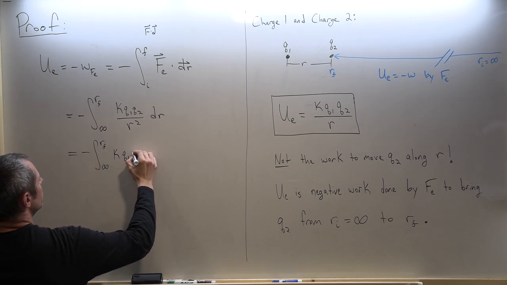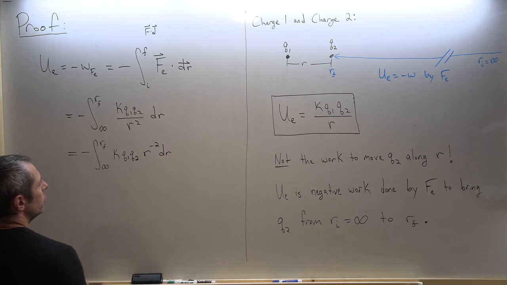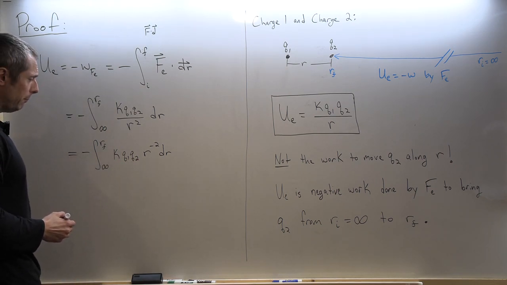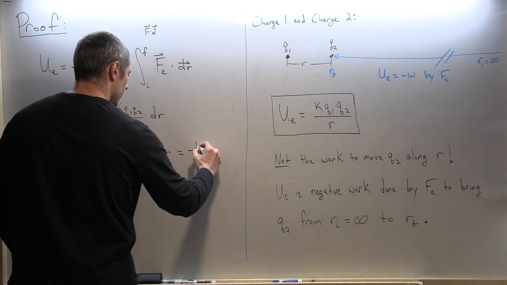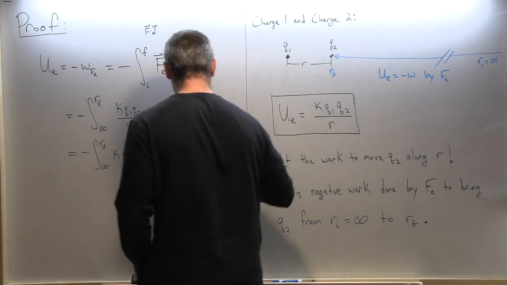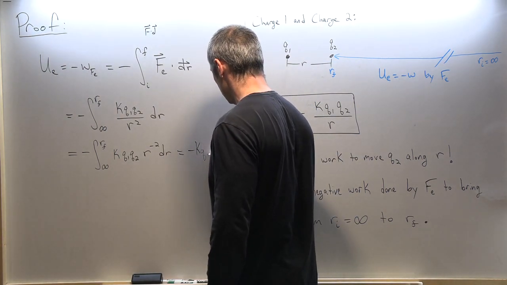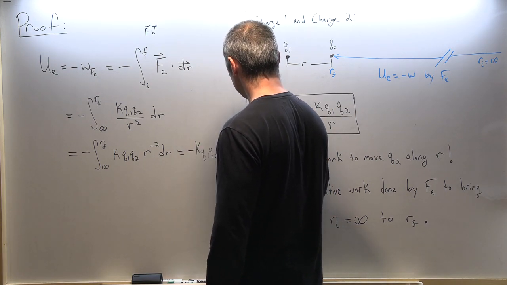I'm just going to rewrite this as a power, just to help us with the integration. This is just a simple power rule. So what I'm going to do is I'm going to now add 1 to the exponent.